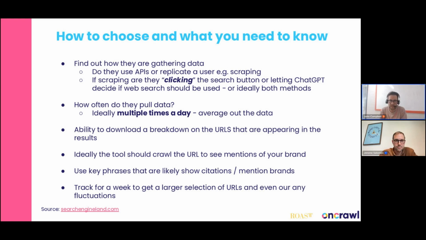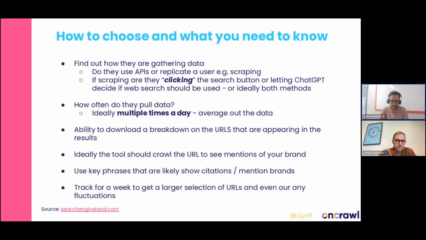The other thing is some of these tools are now deciding whether they click the search button. When the search button is clicked, it gives you back all these citations and the URLs, and it's far more useful. But what we're seeing is ChatGPT slightly changing the decision.